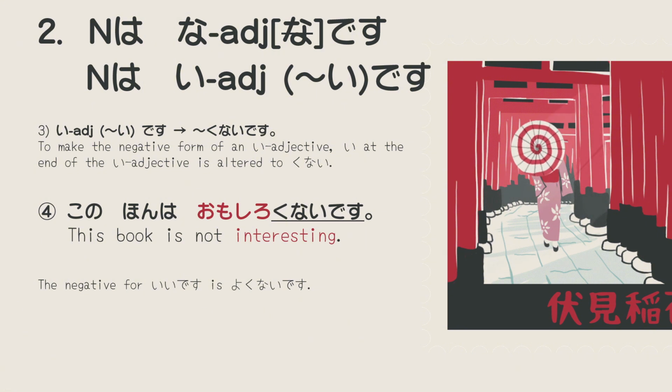Let's deep dive once again on this part. The e adjective is used as it is, followed by くないです.